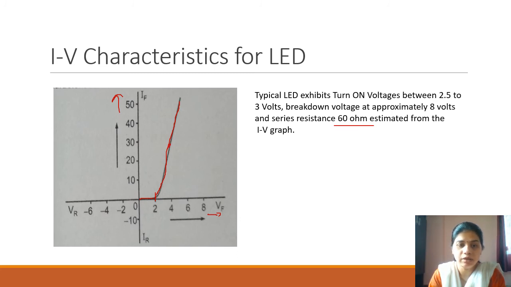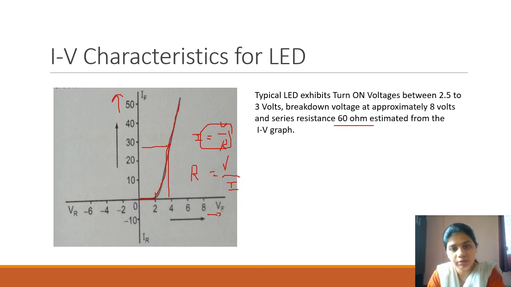You simply take the voltage and current, and from Ohm's law, I equals V upon R. Here we have to calculate R, so R equals V upon I. By taking the value of voltage and current, you can calculate the resistance of the LED.